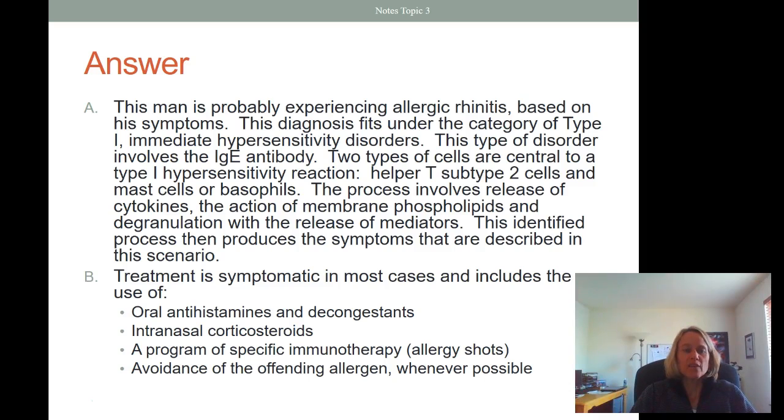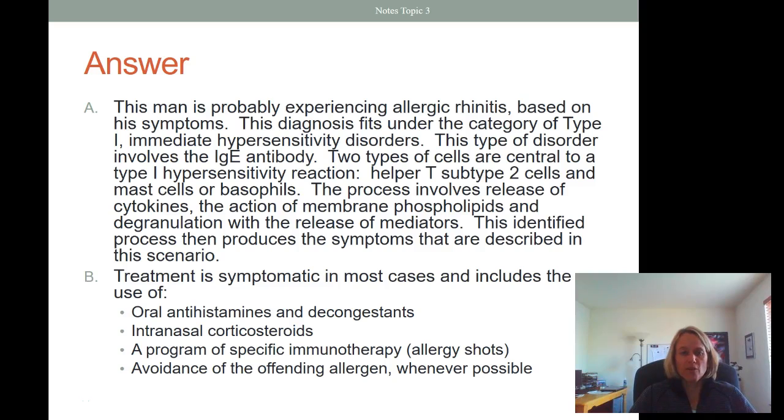Okay, so he's probably experiencing allergic rhinitis, based on those symptoms. This diagnosis fits under the category of a type 1 immediate hypersensitivity reaction, which involves IgE antibodies.